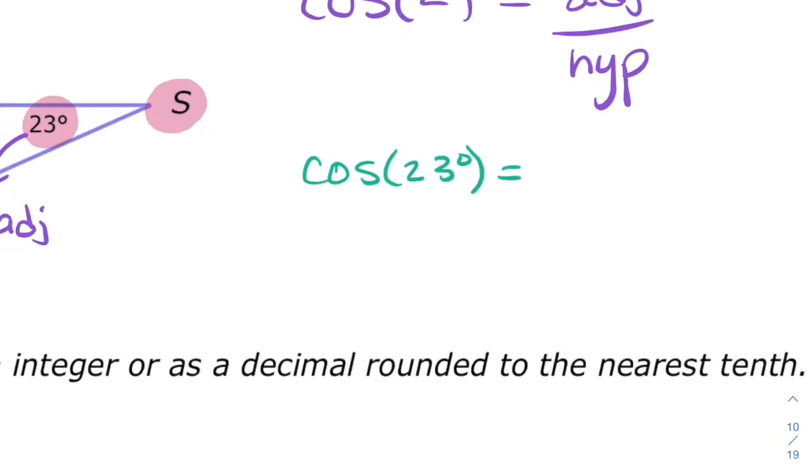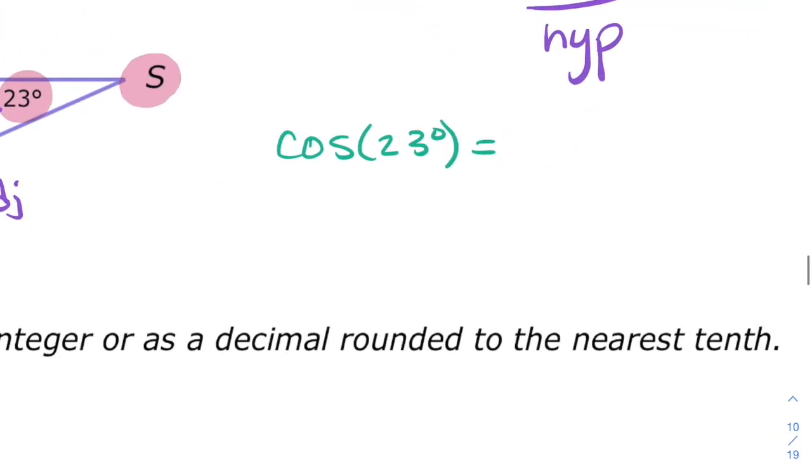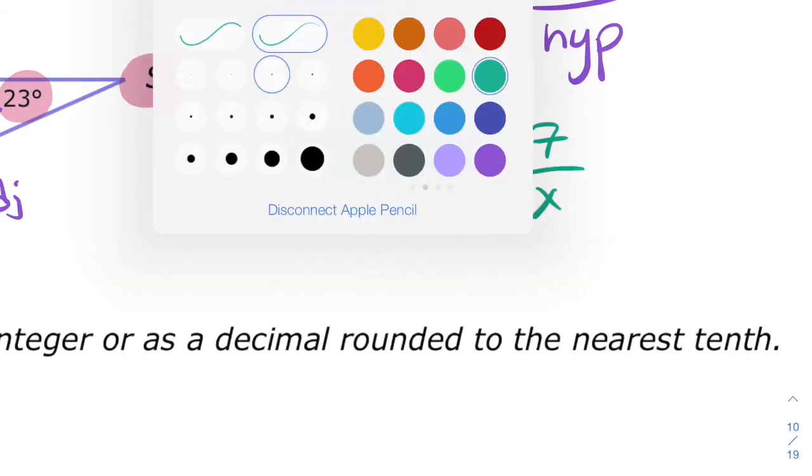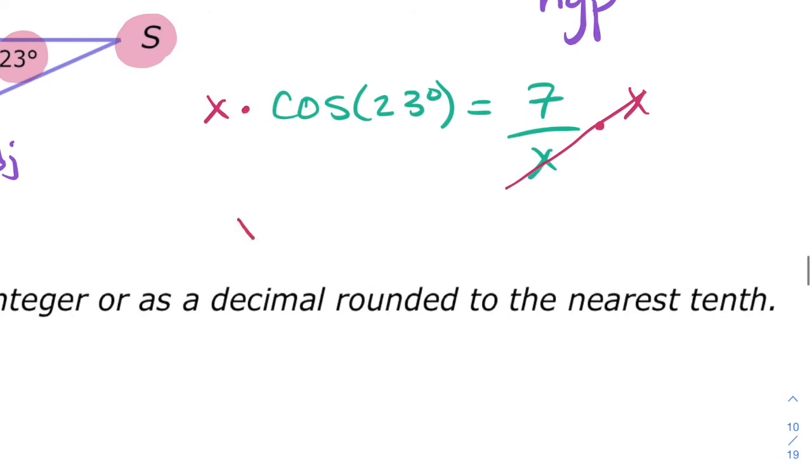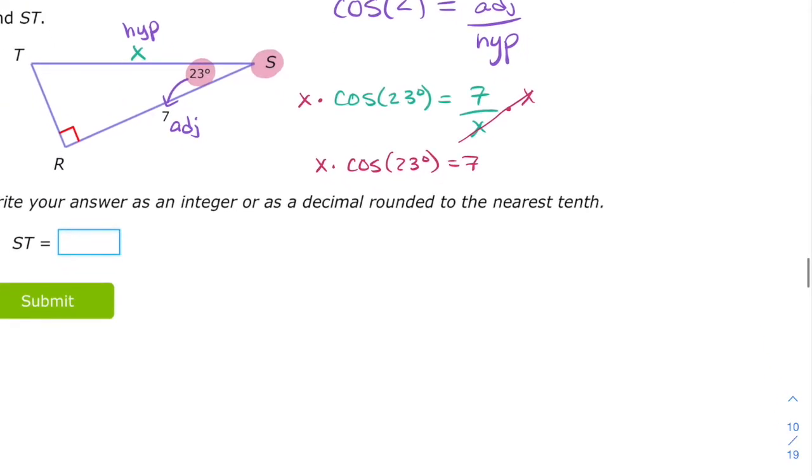So cosine is adjacent over hypotenuse. So it's going to be 7 over x. You have to solve for x. So we're going to first multiply both sides by x. So x times cosine of 23 degrees equals 7. And now we are going to divide both sides by the cosine of 23 degrees.